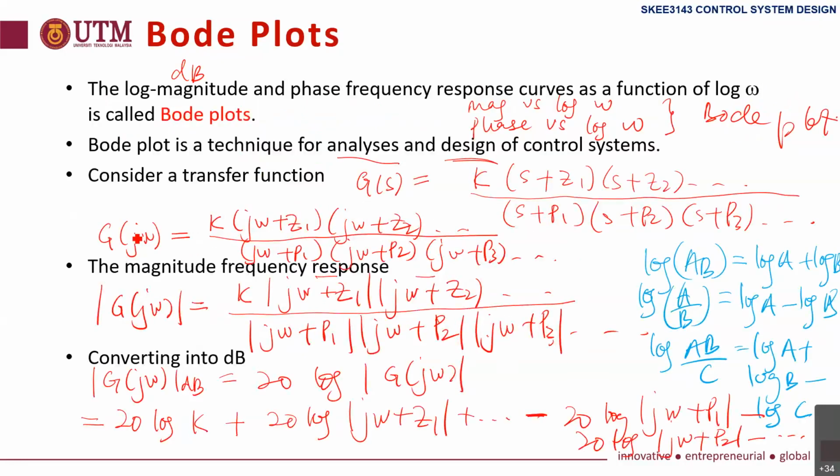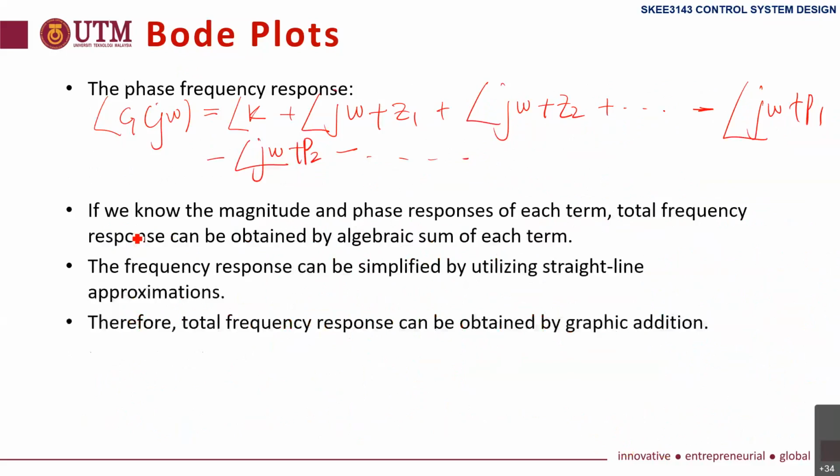The magnitude is addition and subtraction of each constant, pole, and zero. And also the phase frequency response is addition and subtraction of poles and zeros, and also for the K gain, the constant.